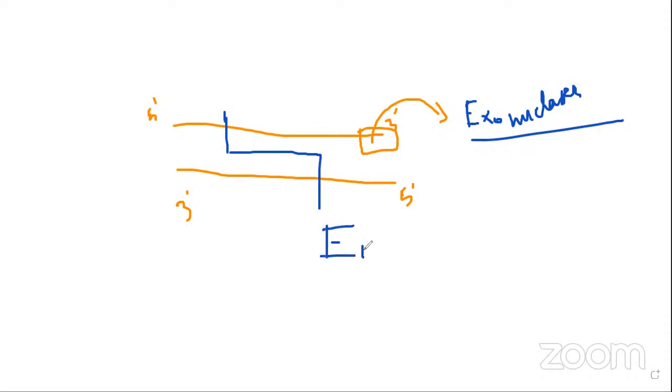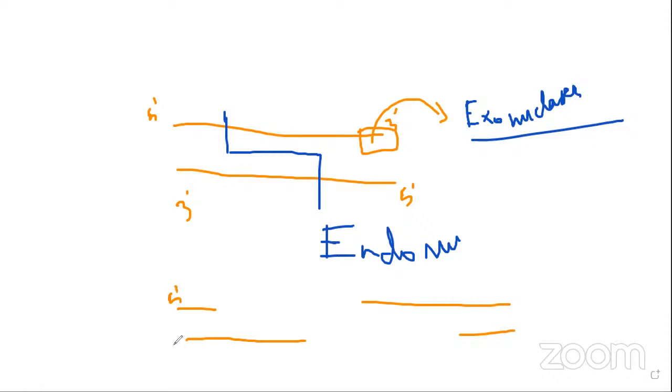Endonuclease: endo means the cut is made inside the DNA molecule. Already so many times we saw this. This is one part, and the upper part is here, and the lower part is this one. Here there is a 5' end and a 3' end.